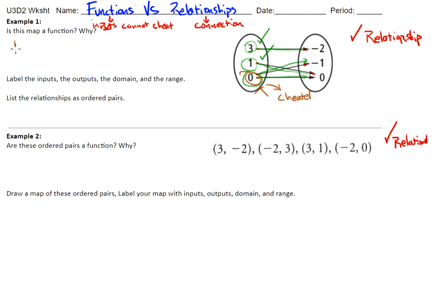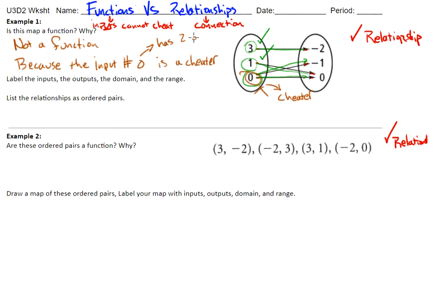So we say not a function because the input number 0 is a cheater. The input number 0 has 2 outputs.